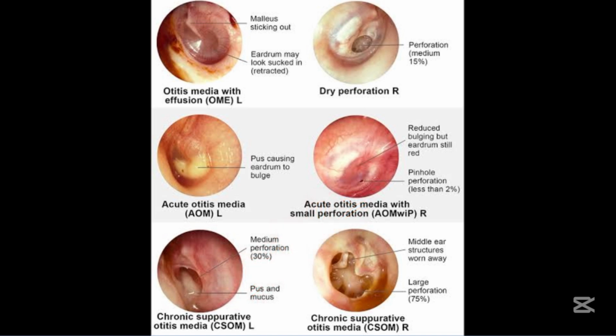However, this perforation is not present in the center of the tympanic membrane, but a central perforation will be labeled when it is lined by the remnant of the tympanic membrane.